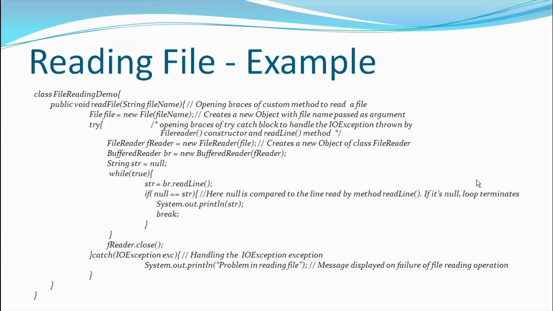Only in one case this condition gets satisfied and it comes out of the loop, since we have a break statement in the following line. After this while loop, we have fReader.close, that is, we are closing a file. If any exception occurs in the try block, it would be caught and it's handled in the catch block.